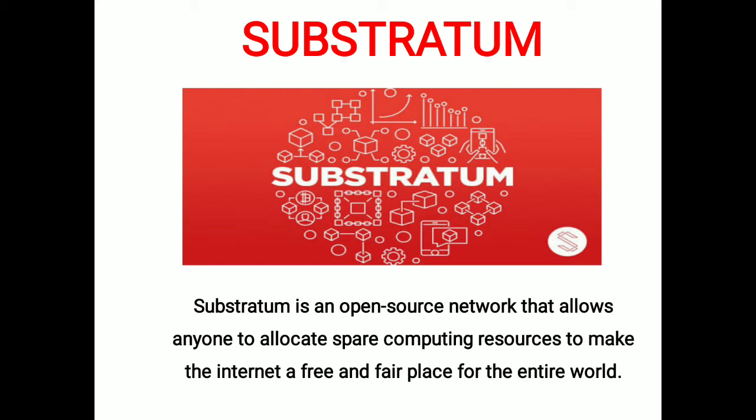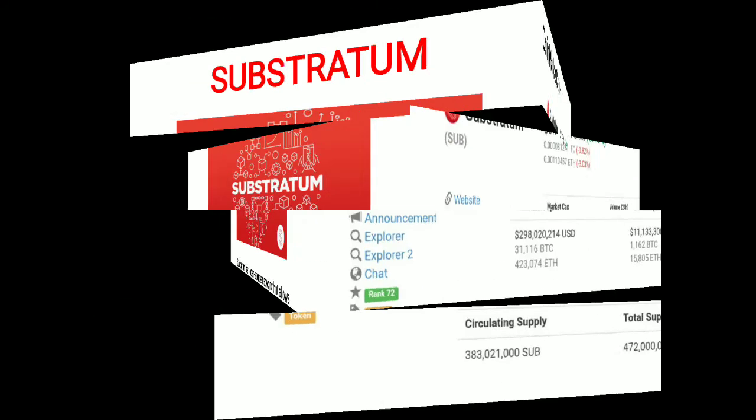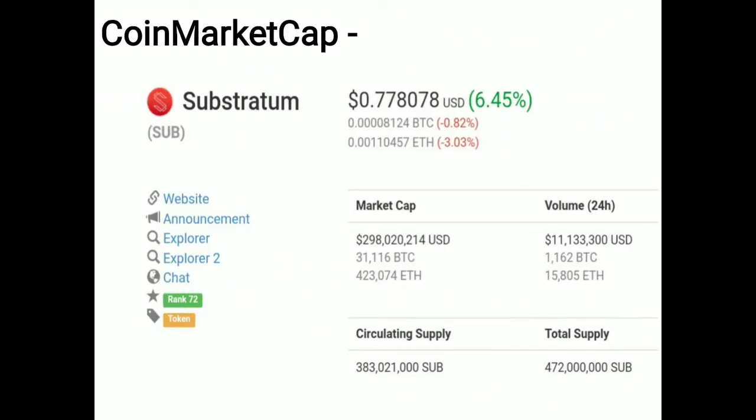Thanks to Substratum, internet users don't need to rely on centralized hosts to access web content. Instead, a network of individually run nodes allows users to serve the web on a decentralized and open source platform. Substratum's simple goal is to allow anyone to host or access web content through nodes on the Substratum blockchain.